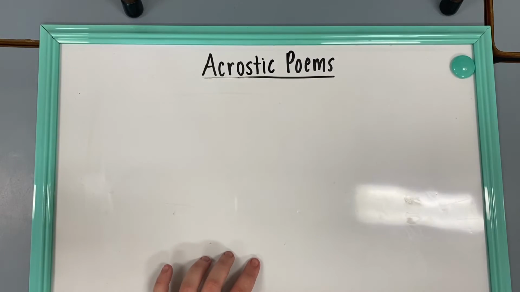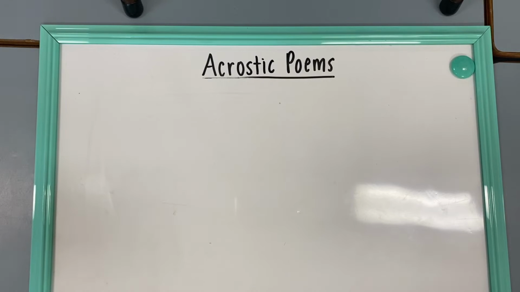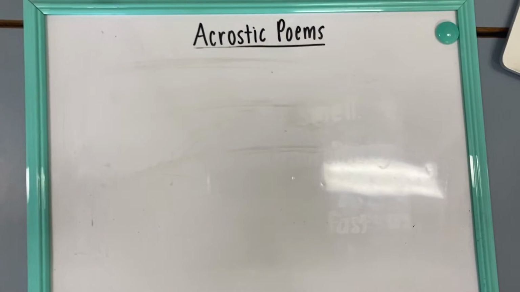Now that we've seen some examples of acrostic poems, we're going to have a go at writing one together. Now I'm going to use a bear as my example, just so you can have a look at how you might write your own poem about a sloth. Now, before I've started writing my poem, I've gone and had a look and found some facts about bears.